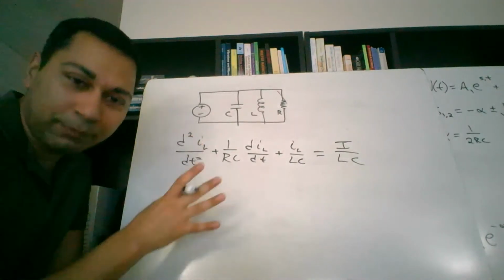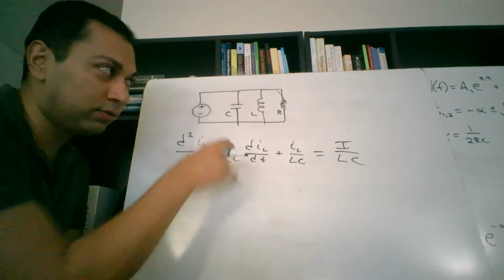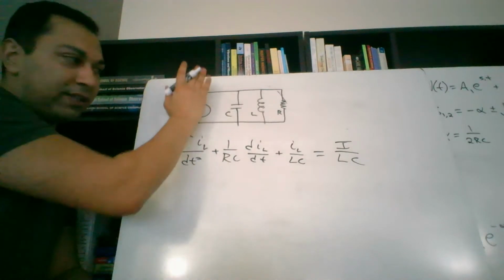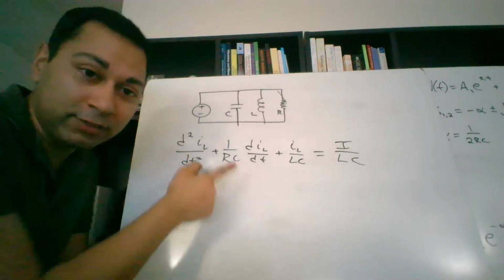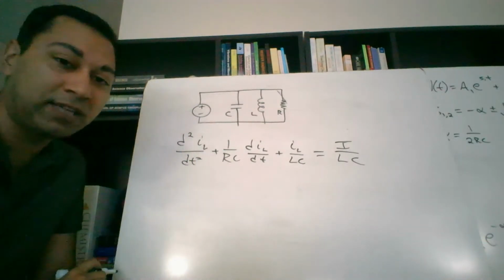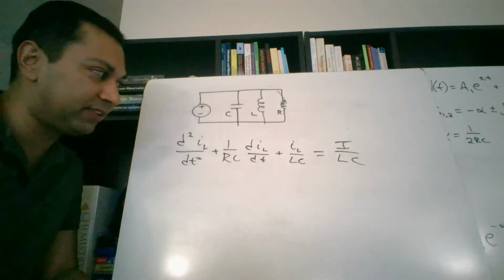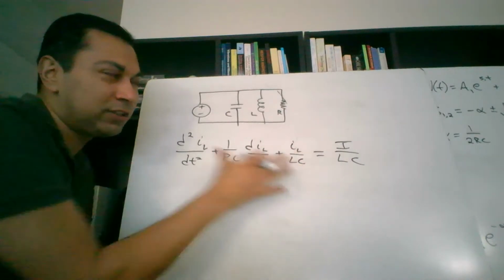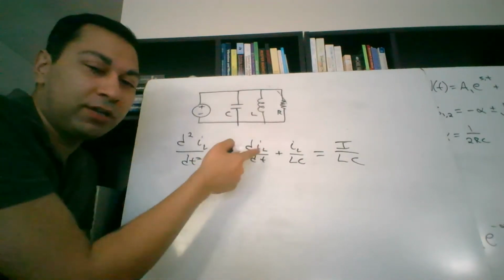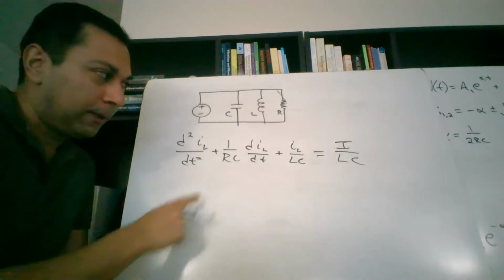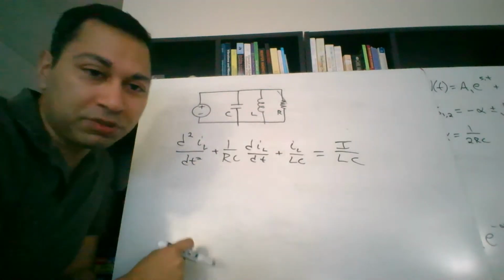So it is similar to what we had done with the parallel without this, but we cannot set it equal to 0. And the other thing is we're looking at the current of the inductor, not the overall current. So it's going to be very similar to the parallel circuit without the battery, but you don't set it equal to 0.